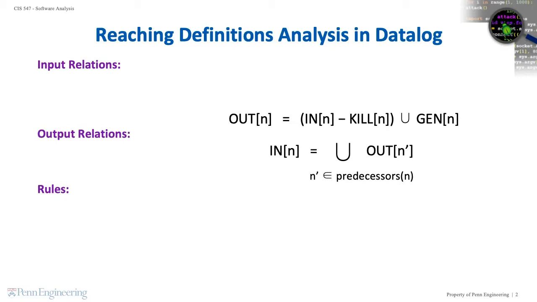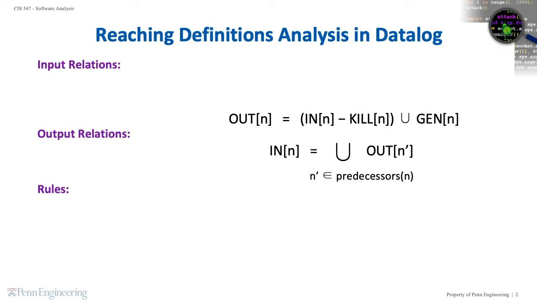The input relations for the analysis should capture all the information from the input procedure's control flow graph that is relevant to computing the in and out sets for each program point. While we haven't yet formally defined the inference rules for the analysis, by looking at the specification, we see that in order to compute out of n, we need to know kill of n and gen of n.